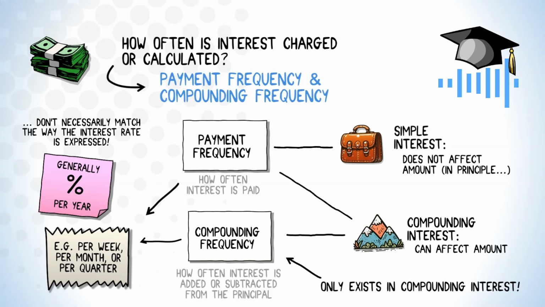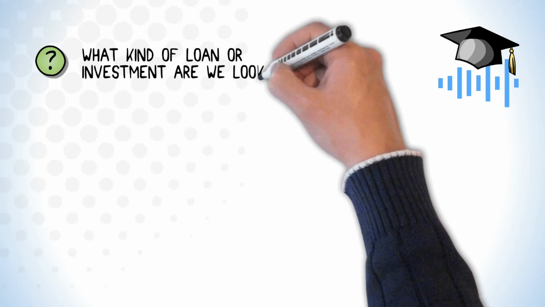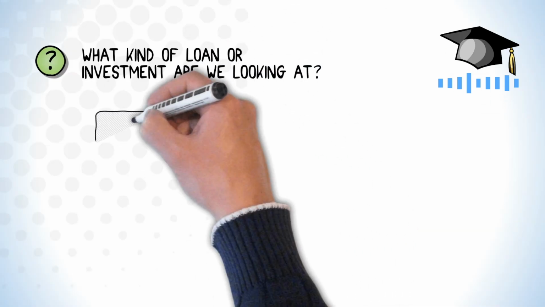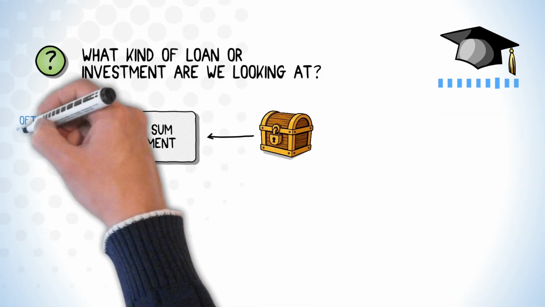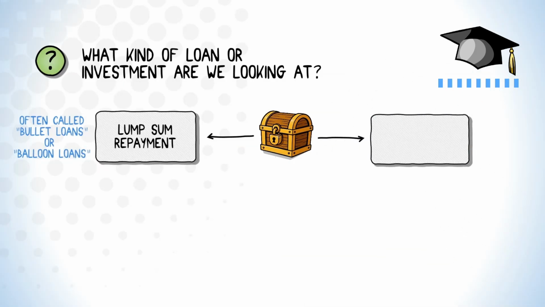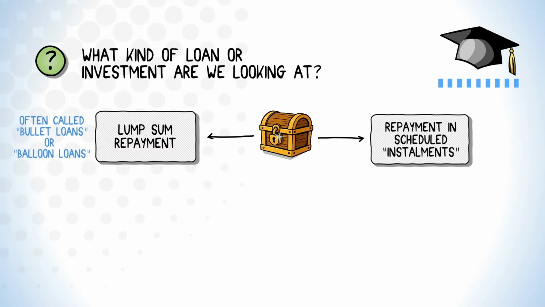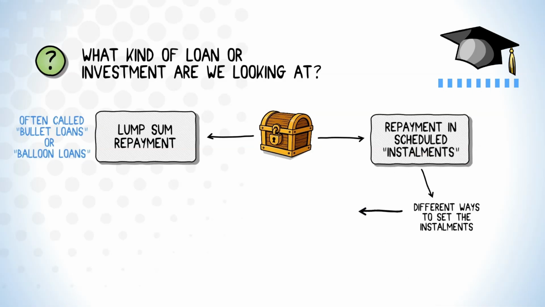Finally, to figure out the total amount of interest, we need to know what kind of loan or investment we're looking at. The two broad categories are arrangements that require lump sum repayment of the principal, often called bullet loans or balloon loans, and ones in which the principal is repaid in a piecemeal way in scheduled payments called installments. There are different ways to set the installments, so the overall level of interest in installment debt depends on the details of the credit agreement.